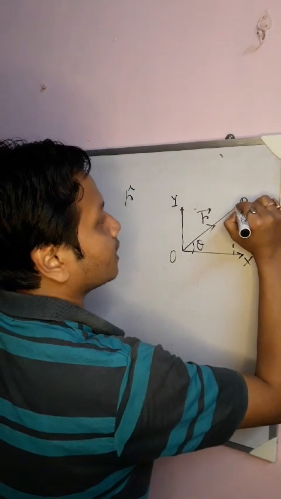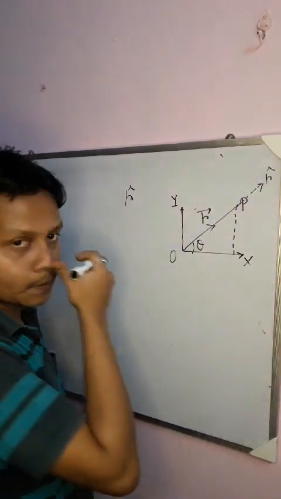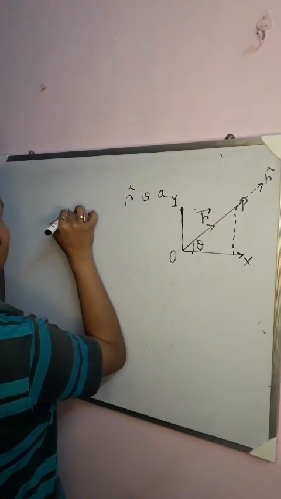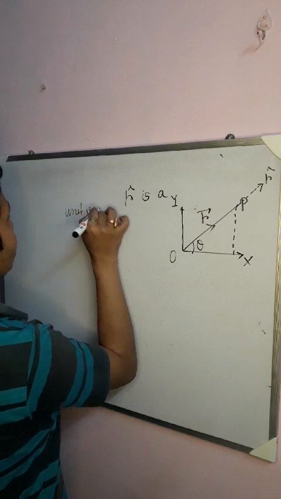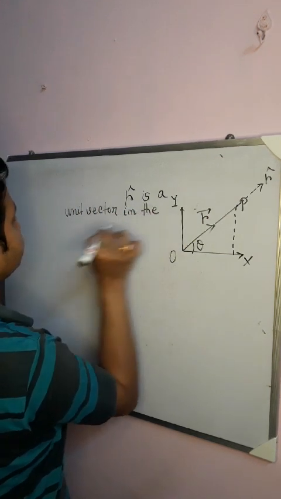That means r increases in this direction, so r cap is along this direction.